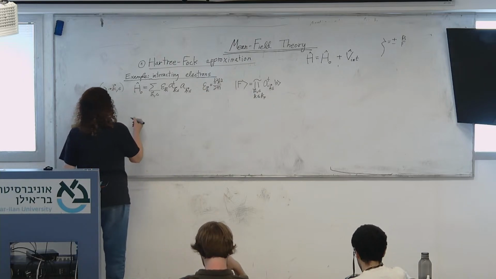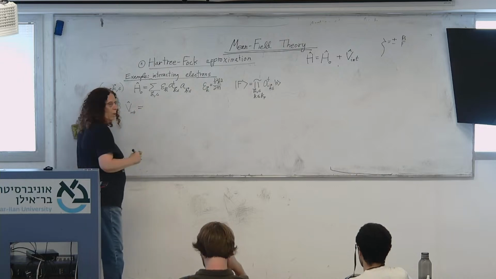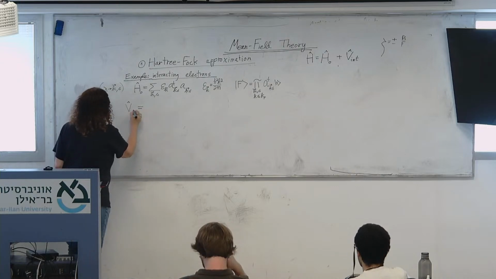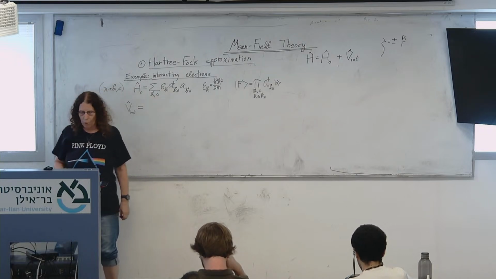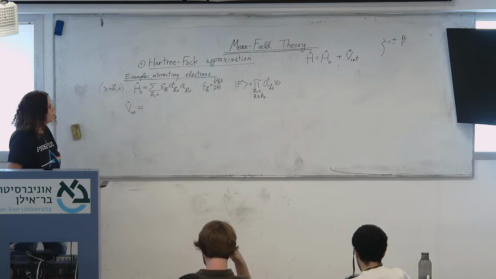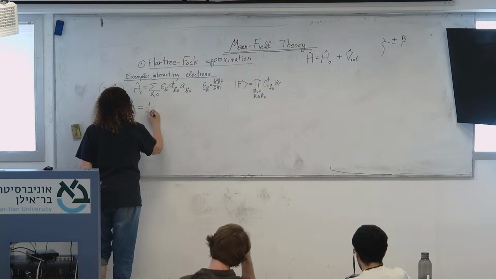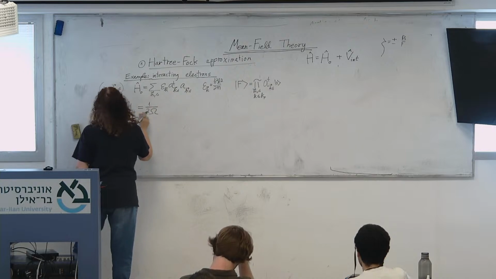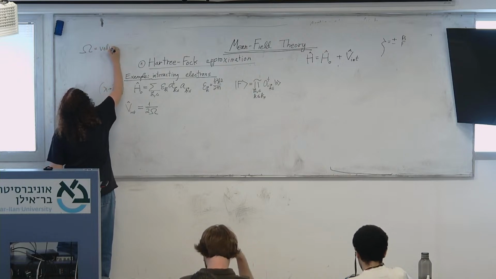Now we do Hartree-Fock for the interaction. So first let me write the interaction itself, using these quantum numbers. We already did it in the previous lectures, so I'm just reminding. There's a factor of half, and here I actually want to add a normalization factor, omega, which is volume.